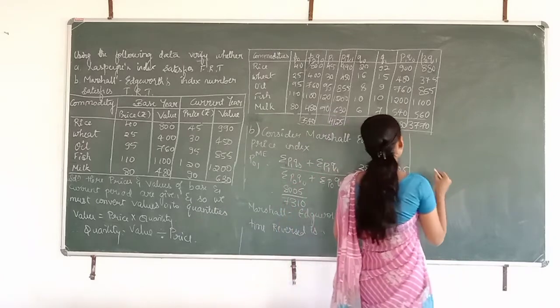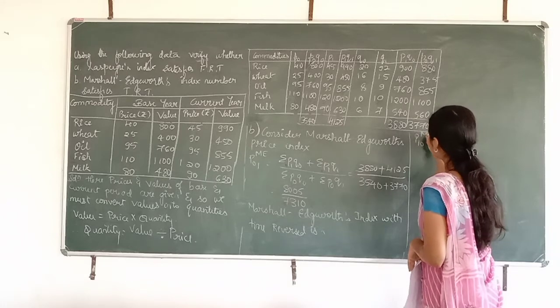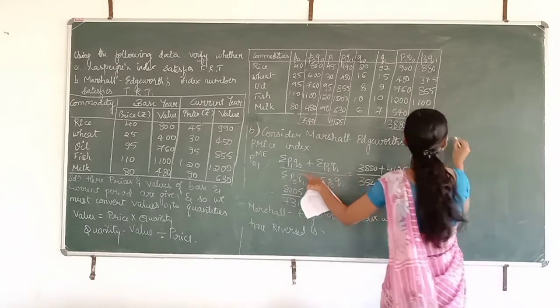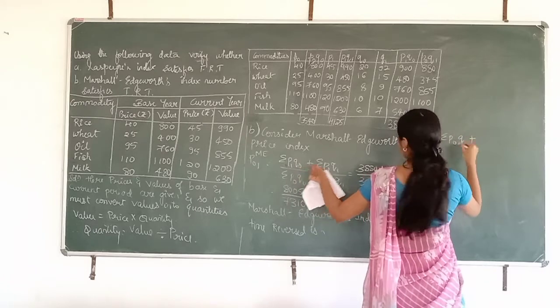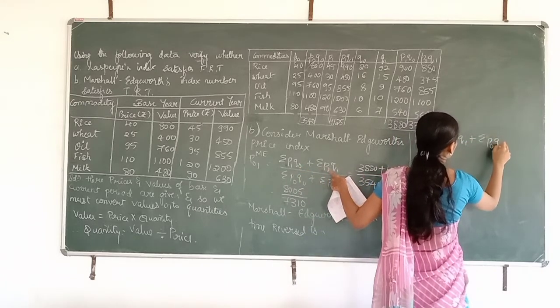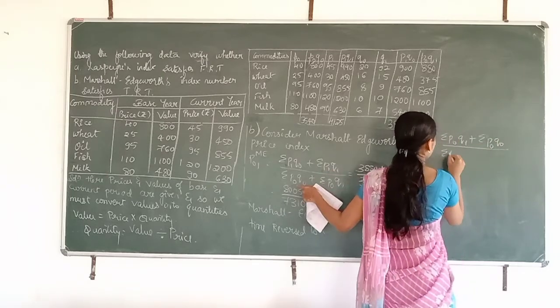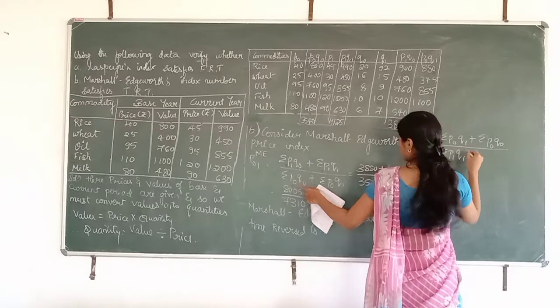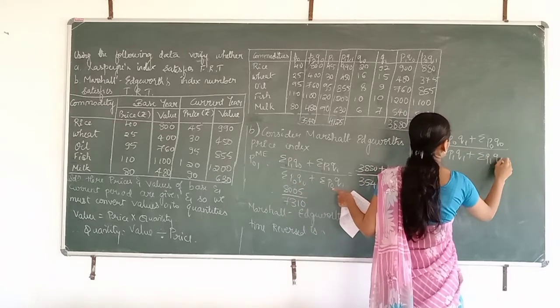So when you reverse the time, P10 is equal to summation P1 Q0 will become P0 Q1, plus P1 Q1 will become summation of P0 Q0, divided by summation P0 Q0 will be written as P1 Q1, plus summation P0 Q1 will become P1 Q0.